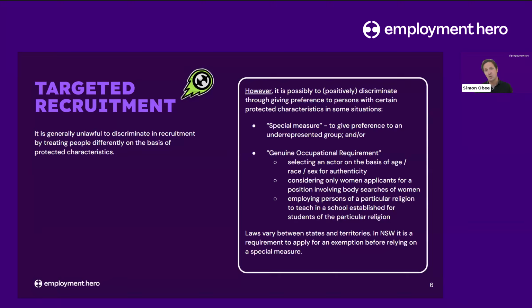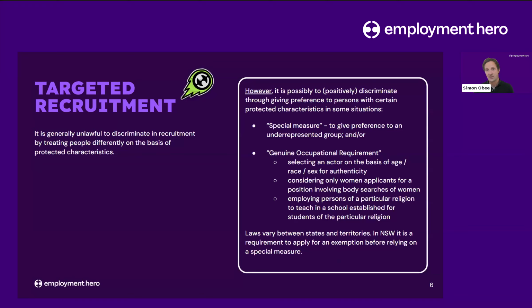The other way where discriminating on the basis of a protected characteristic is sometimes allowed is where the nature of the role means that it is a genuine occupational requirement of the role to have someone of a protected characteristic.